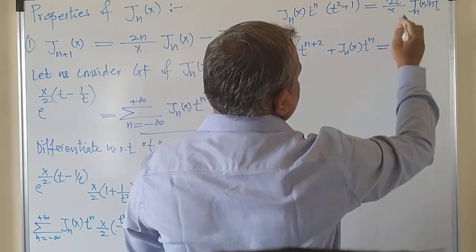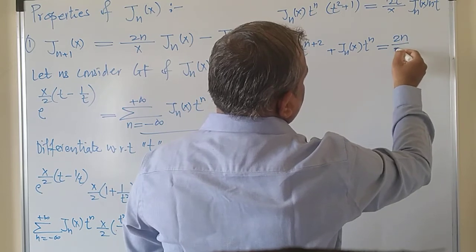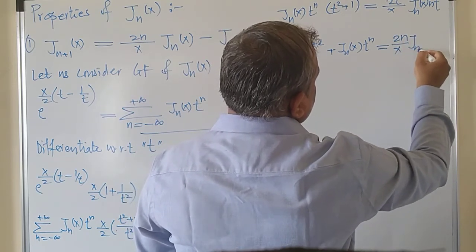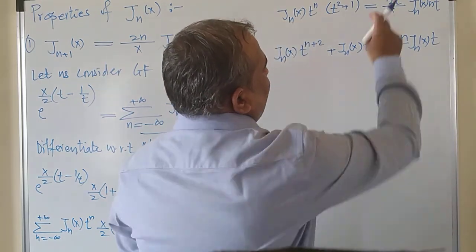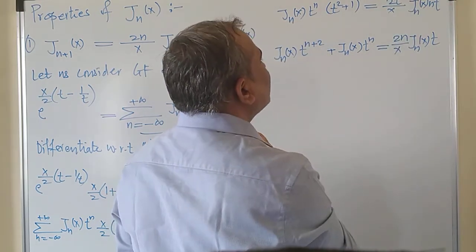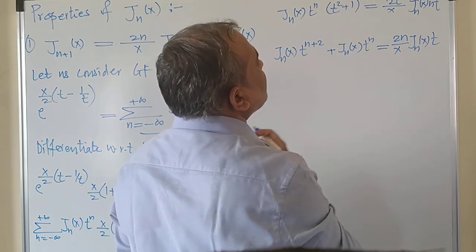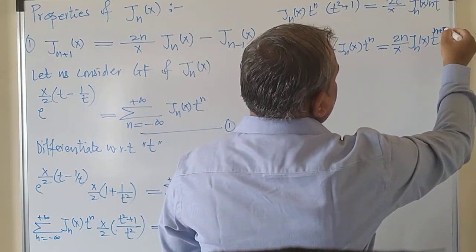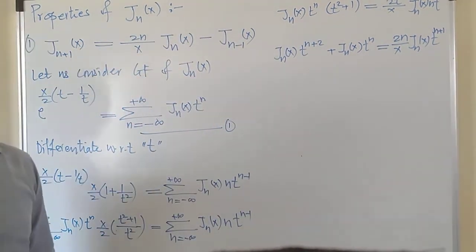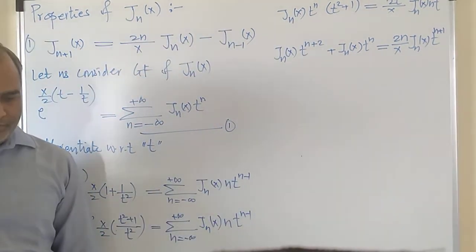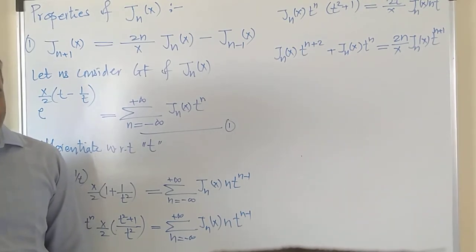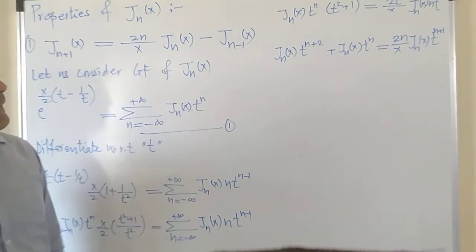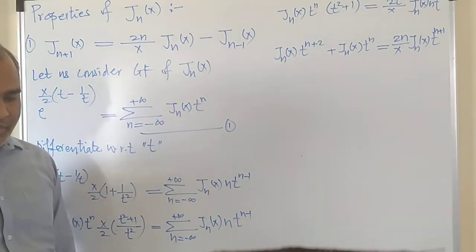I will write this n here, 2n by x into Jn of x t raised to power n minus 1 and this plus 2, so 2 minus 1 is 1. This will be n plus 1. Right? Hope you understood up to this. Yes. Now what is the next step?